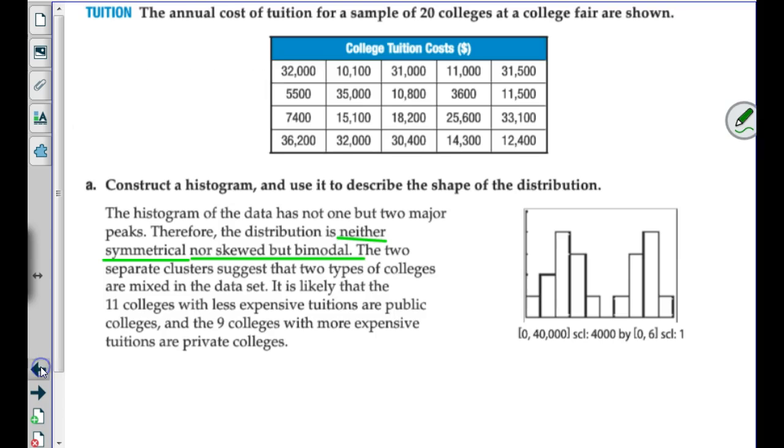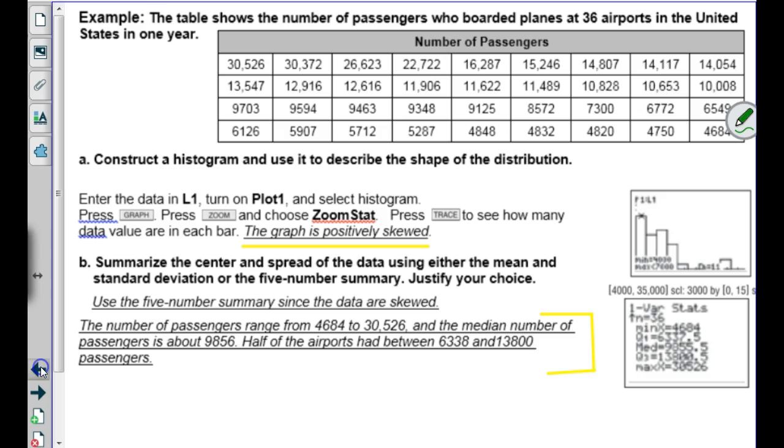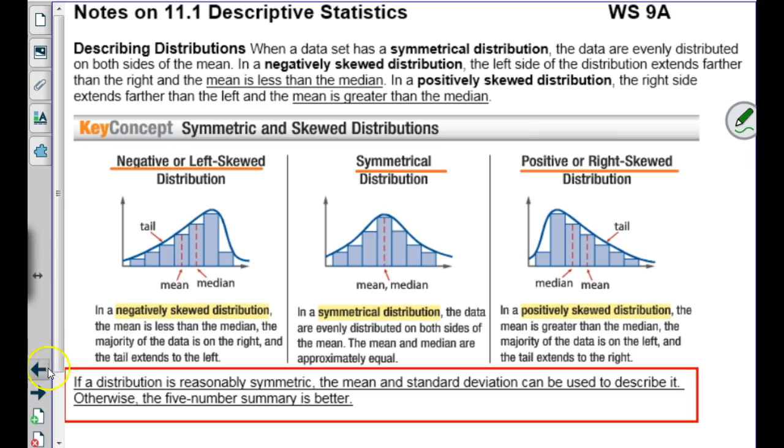Going back, when you have put things into a histogram shape here, if the tail is very long to the left and the data is mostly bunched up above the median, then it's negatively or left skewed. Symmetric, again, roughly looks the same to the left and right.